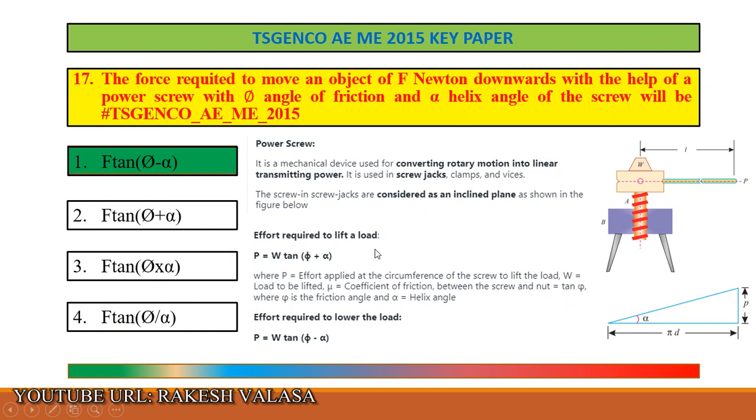Effort required to lift a load, the positive direction, so P equals W into tan of phi plus alpha. Effort required to lower the load, that means minus P equals W tan of phi minus alpha.